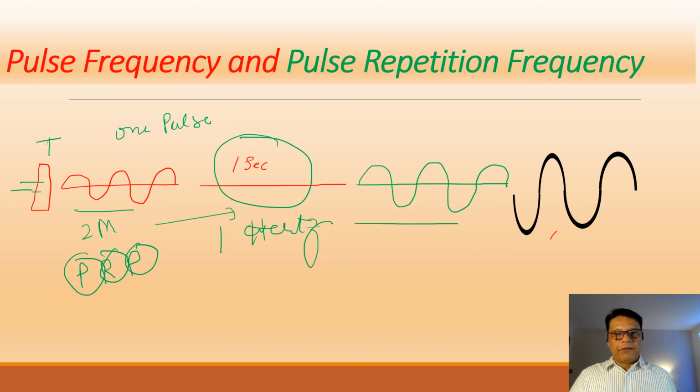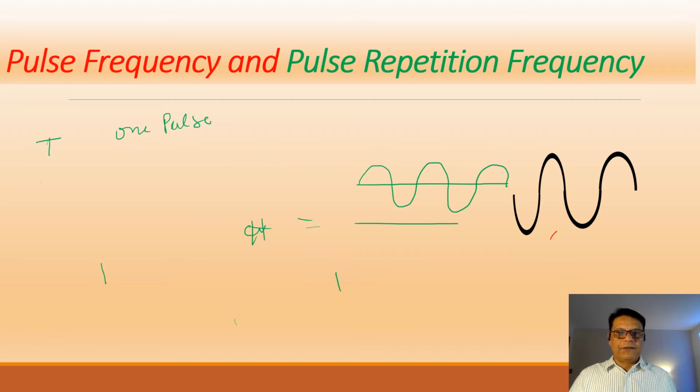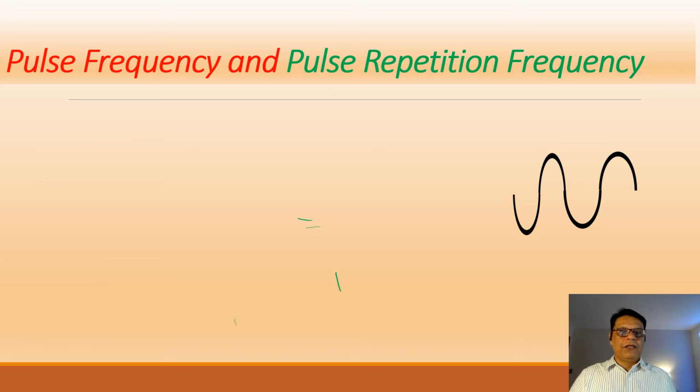After every second, it produces 2 million pulses. So its frequency will be 2 megahertz. So 2 megahertz will be the pulse repetition frequency. And it is different from the frequency of the pulse.